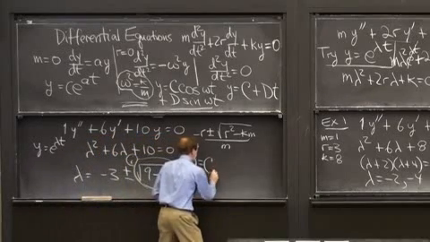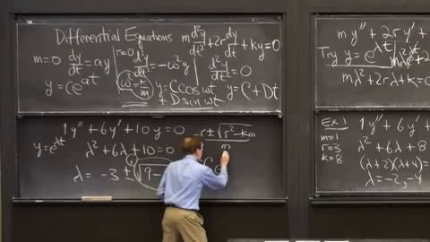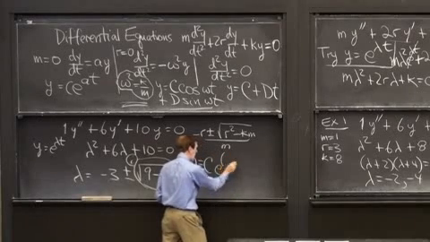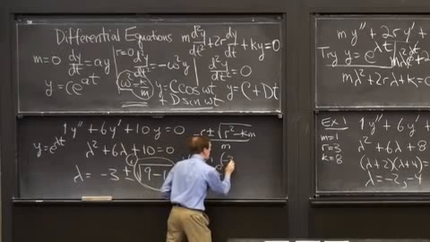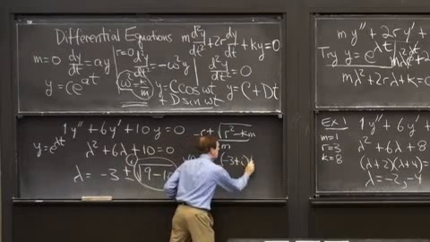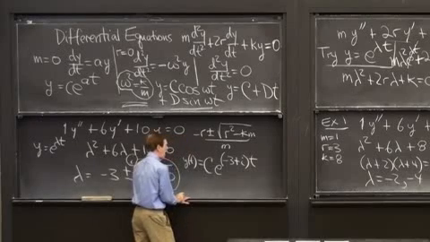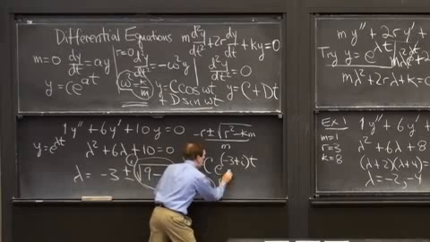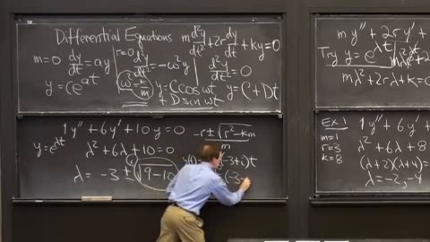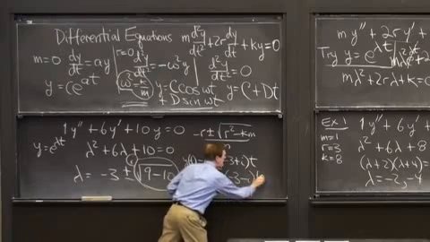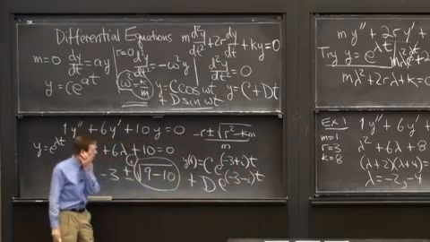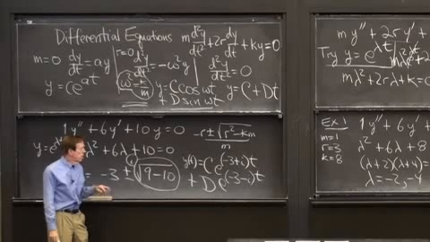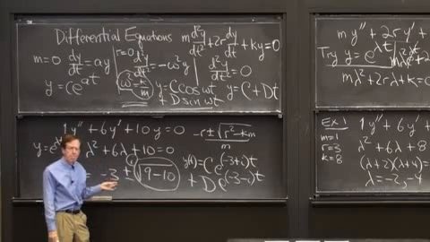So I have any multiple c, and the lambda here is minus 3 plus i, times t. And the second solution is e to the minus 3 minus i, times t. I found the general solution.